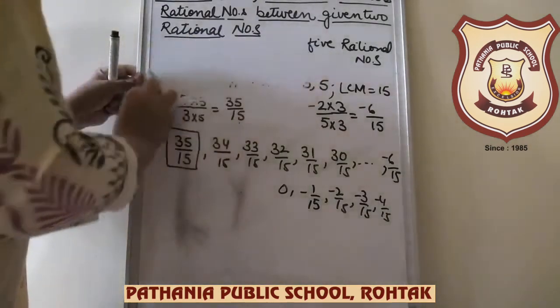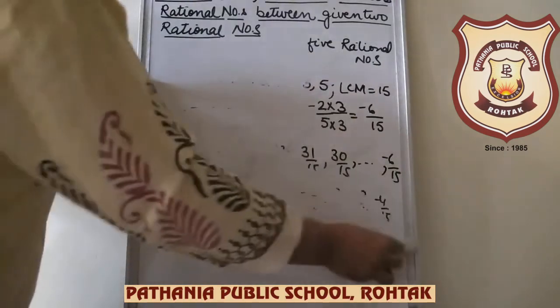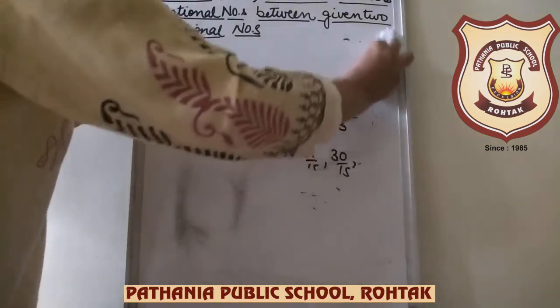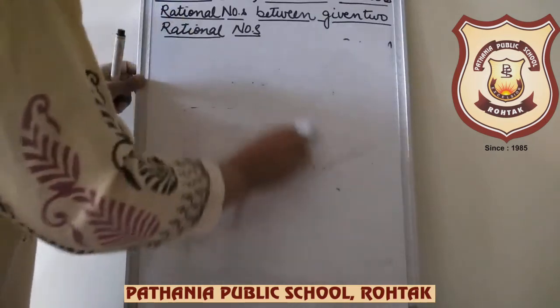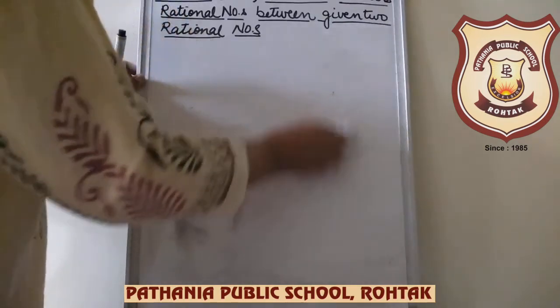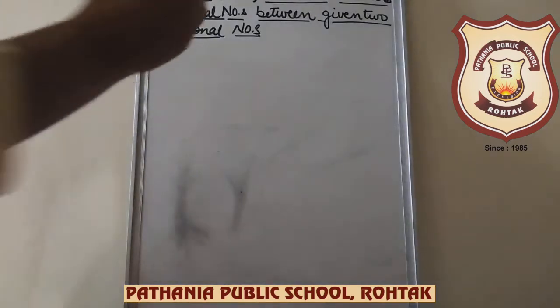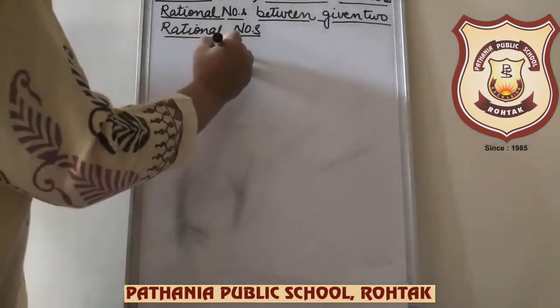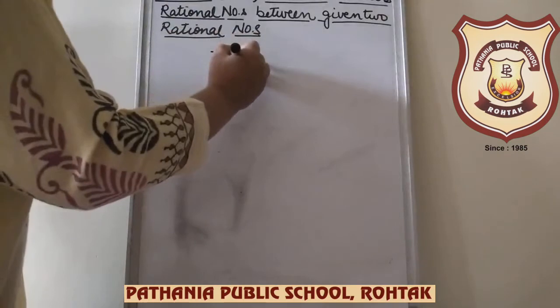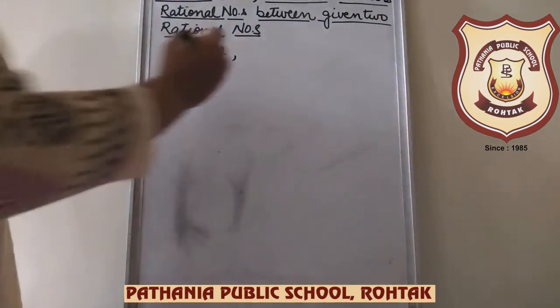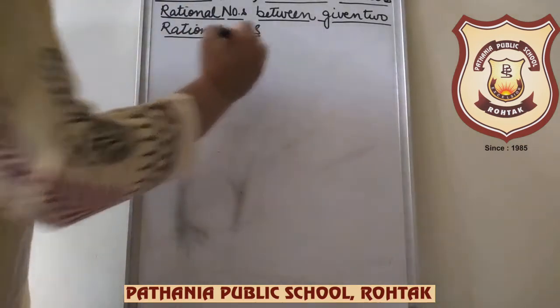Now this is the case when the number is in the form of P upon Q. Now suppose you are given a whole number. I say this is -2 and -3.